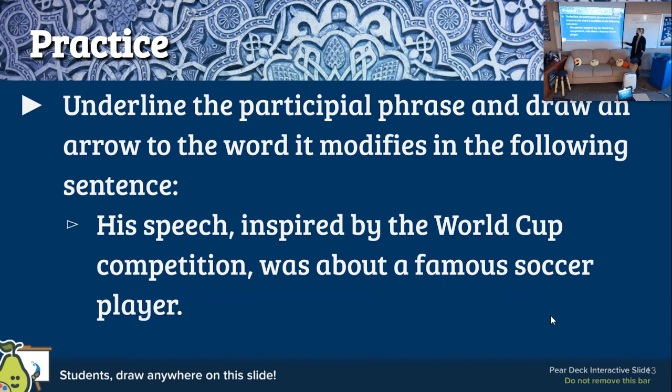Okay, and of course, we've got our commas offsetting our participial phrase inspired by the World Cup competition. Ashton, what's our participle? Inspired. Santi, what's inspired by the World Cup competition modifying? Speech. I feel like you got it.